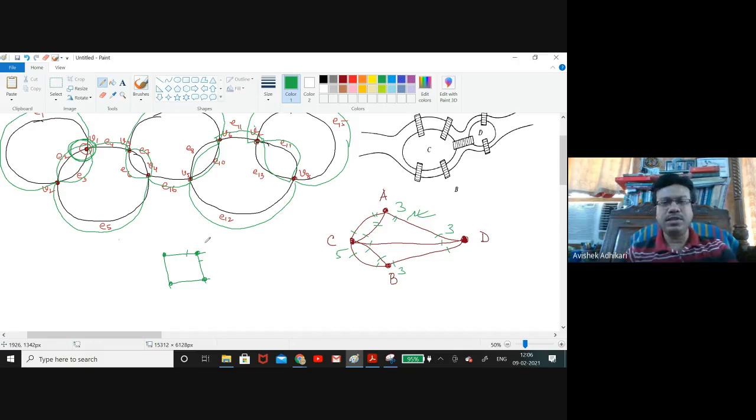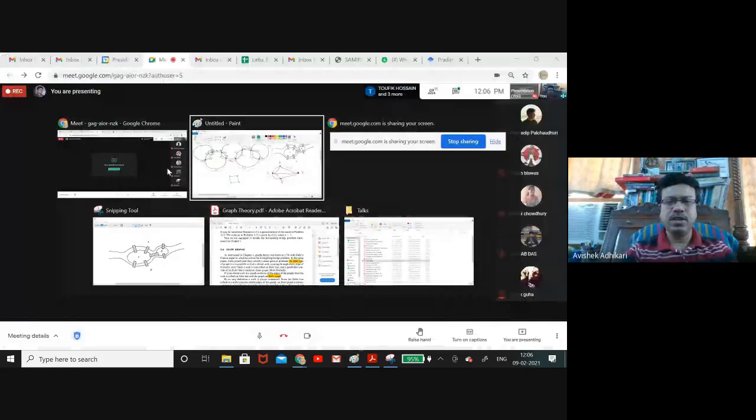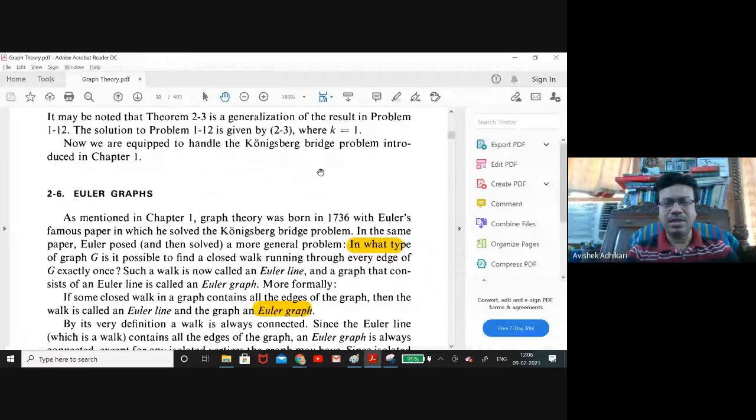That's a very interesting problem, and you can see that in this graph the degree of each of these vertices is even. As a result, you can certainly have this kind of path or tracing property, and that is known as Euler's walk or Euler's line.